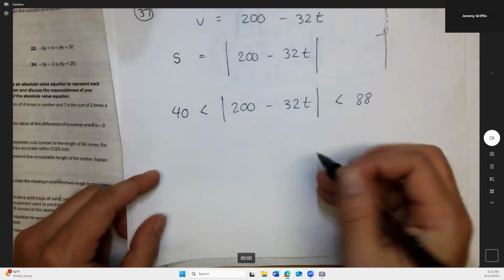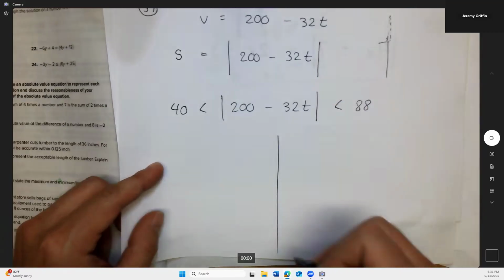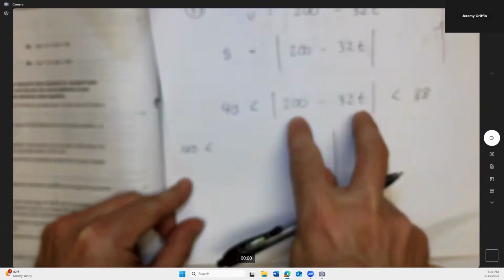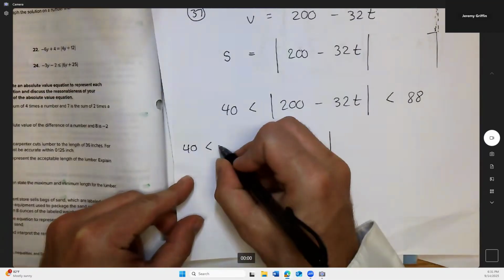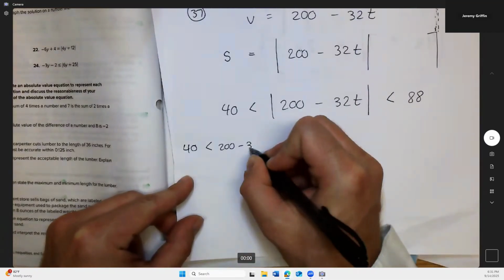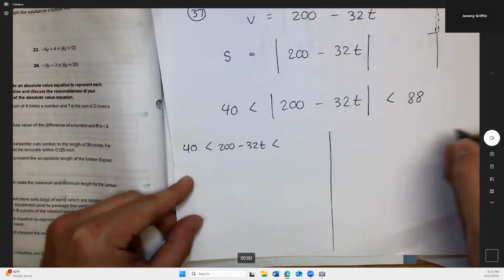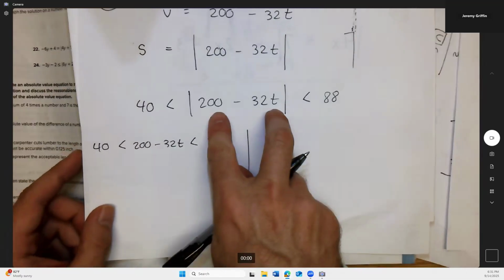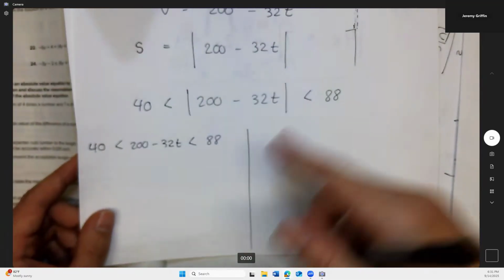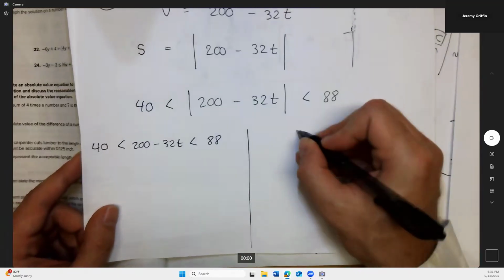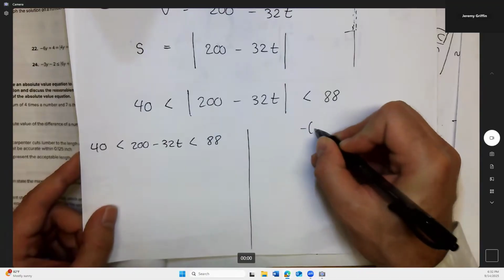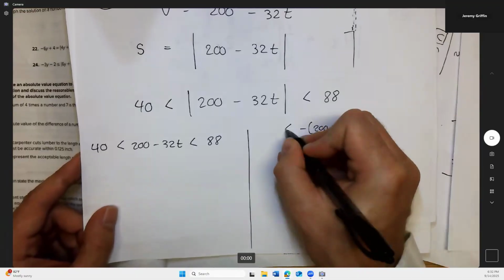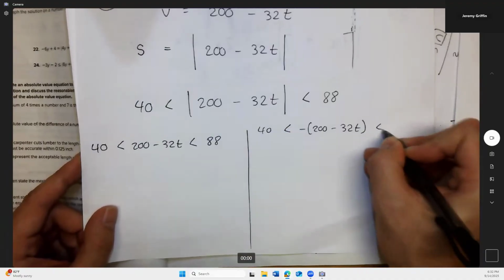Now here we gotta split this, right? So 40 is less than. Now if this was already positive, then it'll just be 200 minus 32t, and then that would be less than 88. But what if this comes out negative and you have to negate it? Then the negative of 200 minus 32t is between 40 and 88.